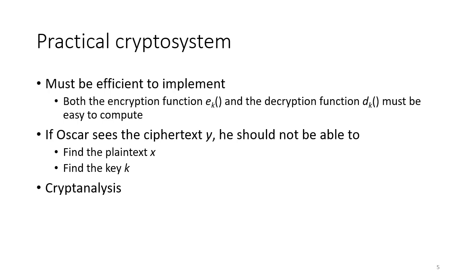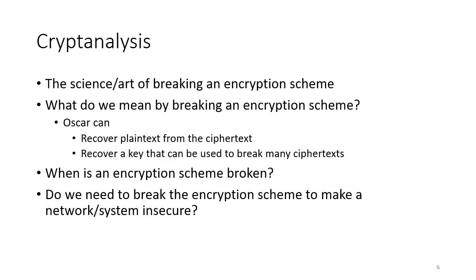And this is where cryptanalysis comes into the picture, which is the art of breaking these encryption schemes. So cryptanalysis involves attacks against an encryption algorithm. So what do we really mean by breaking an encryption scheme? Without getting into the formal mechanisms and methods that people have described in the literature, at a high level, what we assume here is that the bad guy Oscar, when he breaks the encryption scheme, is able to recover the plain text from the ciphertext.